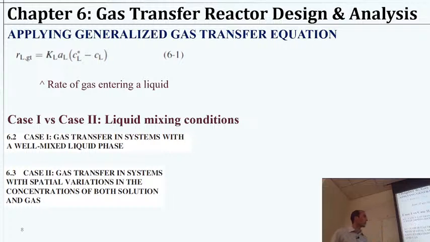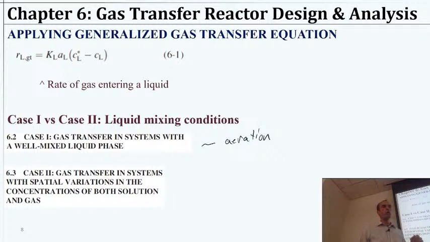I mentioned them earlier, case 1 and case 2. Case 1 being gas transfer in systems with a well-mixed liquid phase. So this is things like aeration. Case 2 would be gas transfer in systems with spatial variations in the concentrations of both solution and gas.